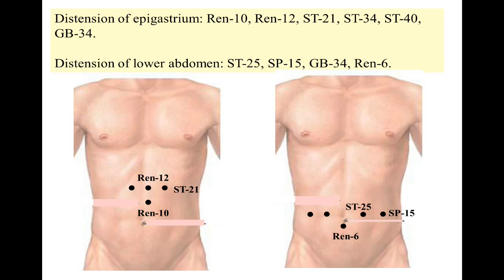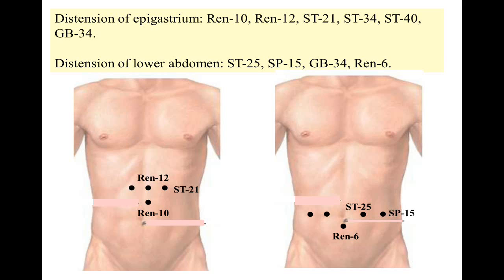In this slide here, I illustrate some of the major points I use all the time in digestive problems of the middle burner on the left and the lower burner on the right. And I use these points all the time, mostly irrespective of the syndrome, whatever syndrome they have.